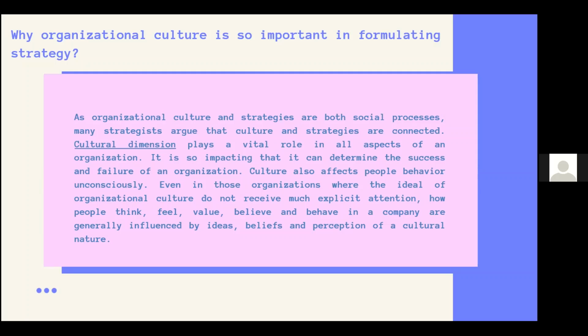It is so impactful that it can determine the success or failure of an organization. Culture also affects people's behavior unconsciously. Even in organizations where the ideal of organizational culture does not receive much explicit attention, how people think, feel, value, believe, and behave in a company is generally influenced by ideas and perceptions of a cultural nature.